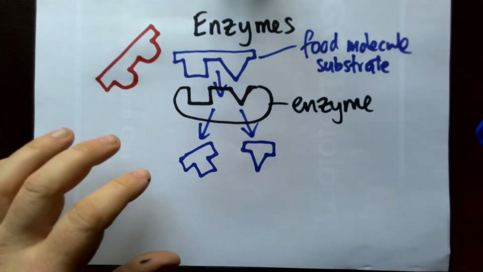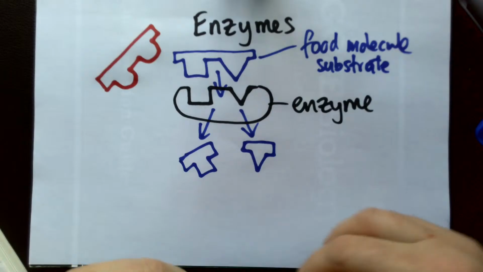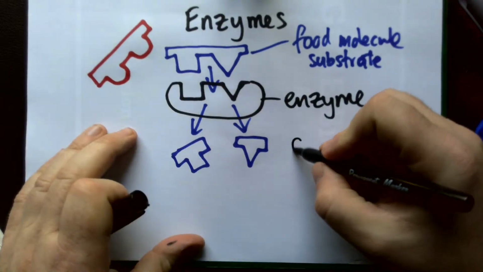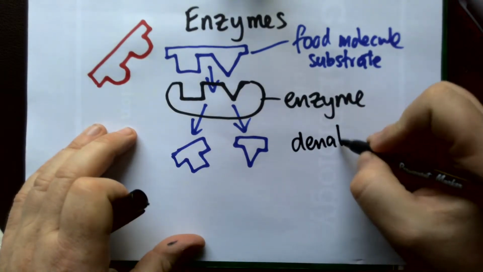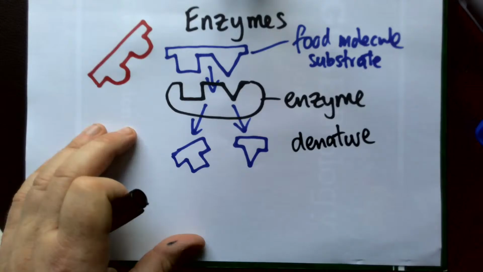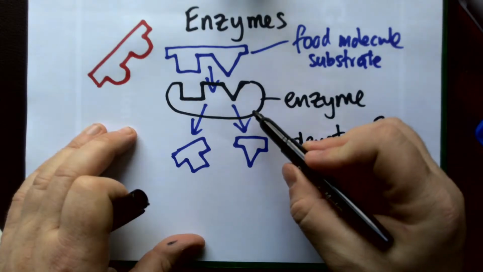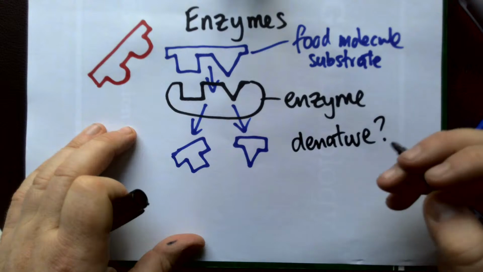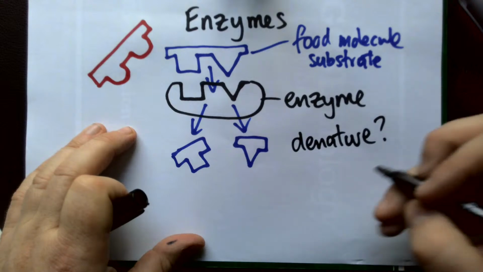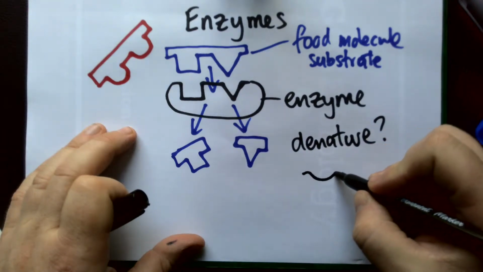So that's a little basic thing about enzymes. But let's think about the word denature. That will come up tomorrow at some point. What does that mean? In terms of this enzyme here, denature means the shape will change.